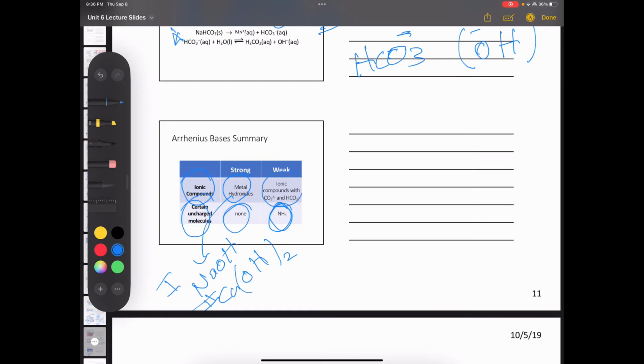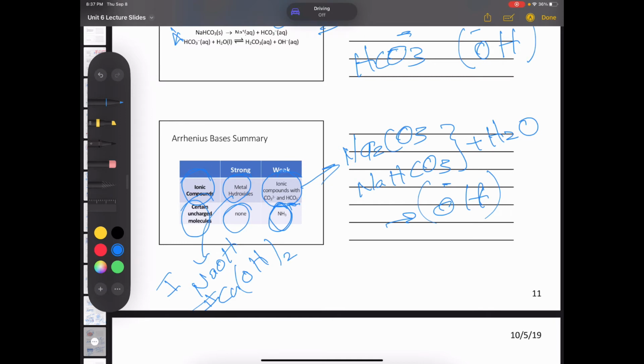Something I missed here when it comes to the weak base: ionic compounds can form a weak base, ionic compounds with the HCO3, which is hydrogen carbonate, or carbonate. And when we say this, something like Na2CO3 or NaHCO3, both when reacted with water will form OH.